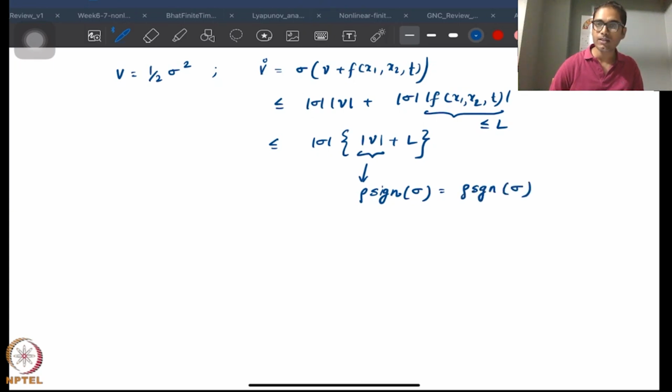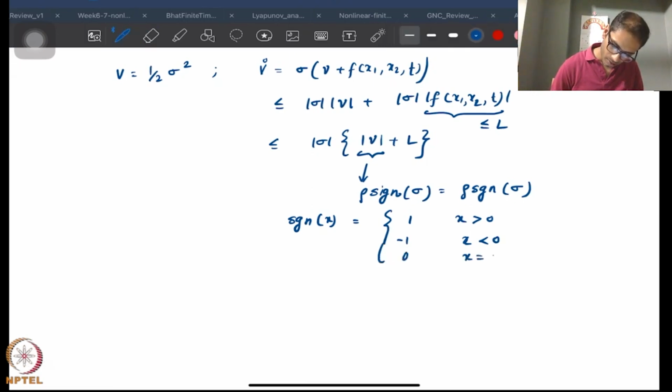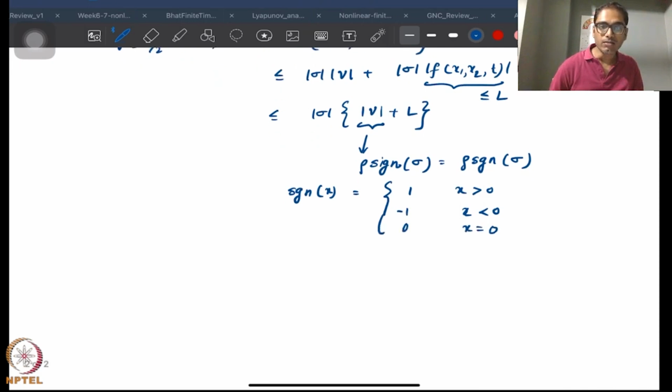The signum function is 1 for x greater than 0, minus 1 for x less than 0, and obviously 0 when x is 0.